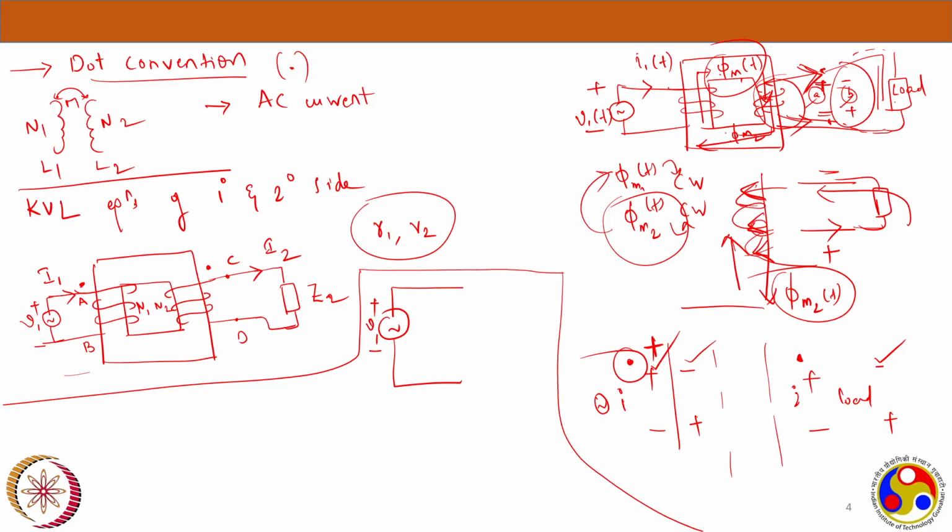Now I'm trying to write that particular voltage, plus minus. We'll come to the polarities. In the electrical convention, when there is a d by dt, you usually denote it using j omega.